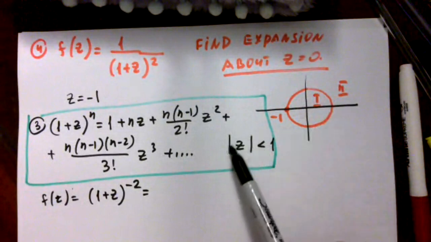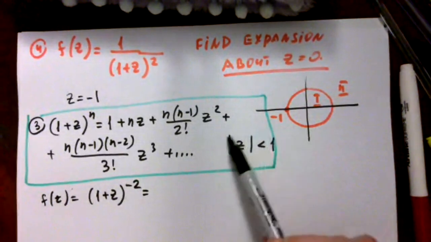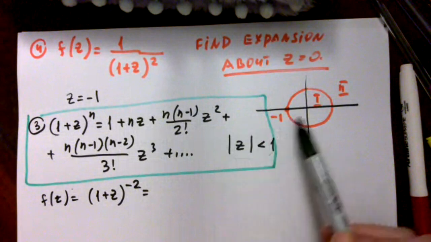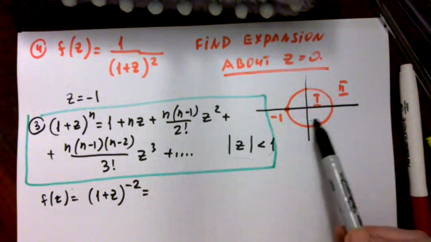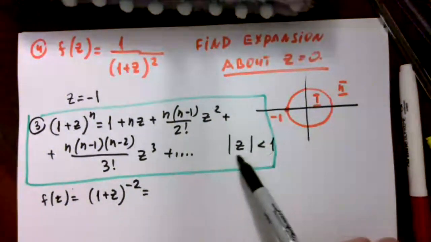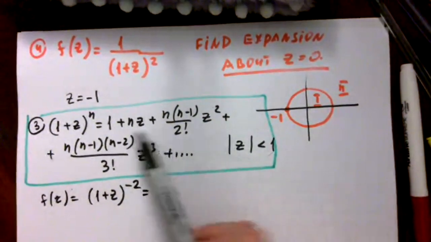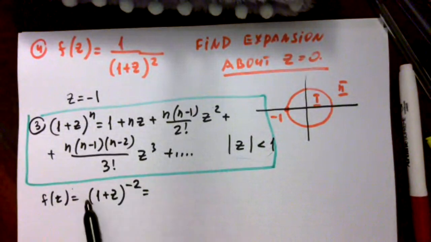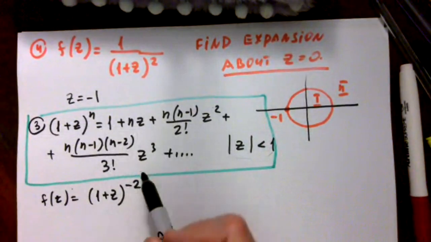That's exactly the area where you are allowed to use this expansion, because it coincides with this area. The inequality which describes this inner region of the circle is given just by modulus z less than 1. So we don't need to do any other simplification or transformation of this function. We are ready to use this formula.